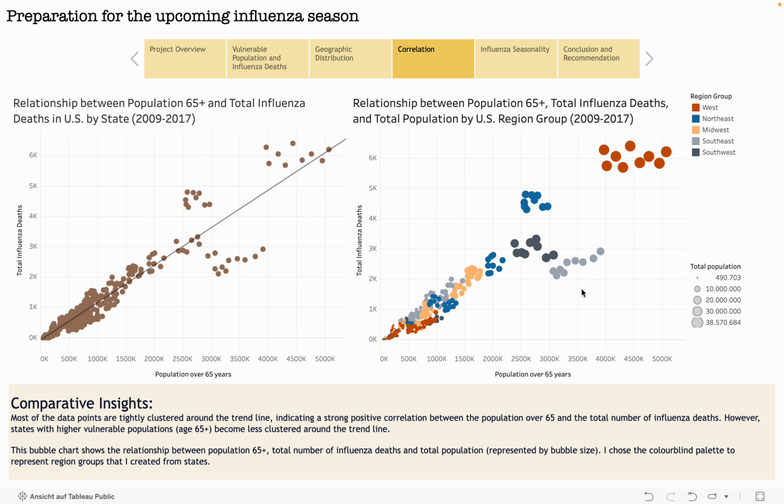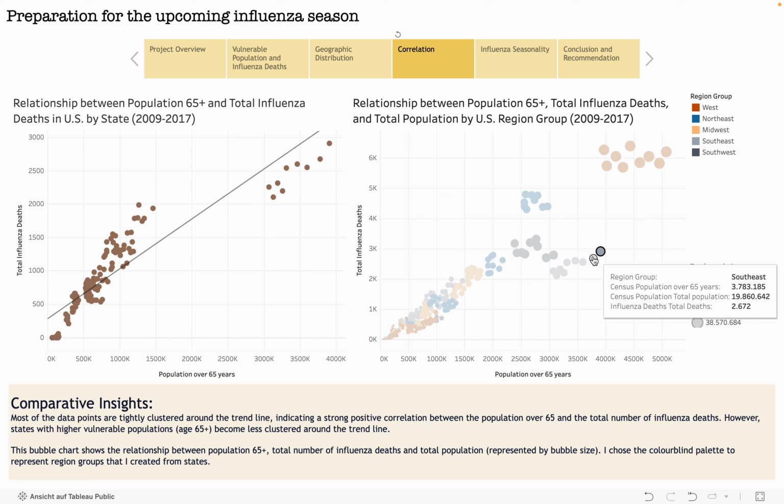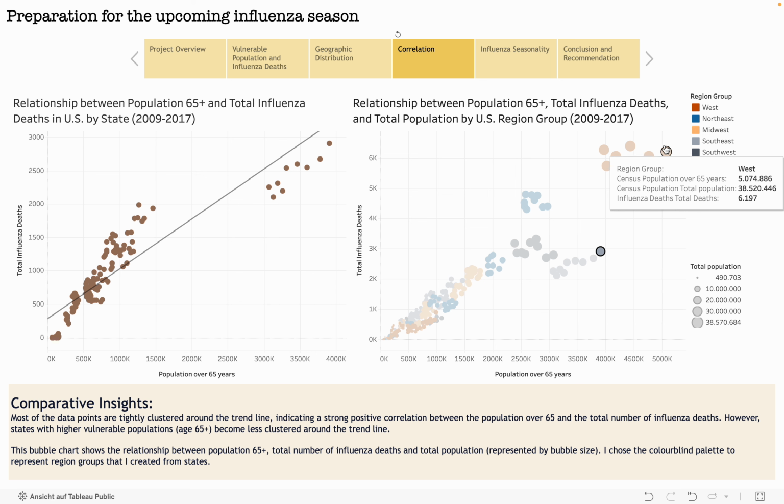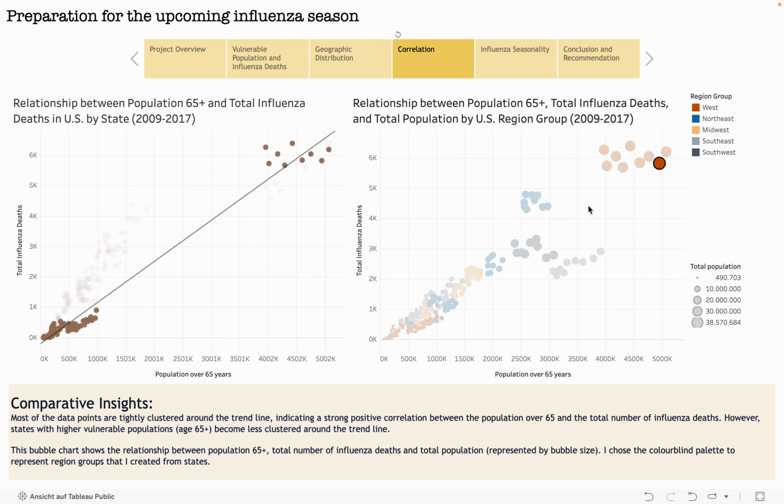By examining the bubble chart, we can conclude that most of the data points are tightly clustered around the trend line, indicating a strong positive correlation between the people over 65 and the total number of influenza deaths. However, states with higher vulnerable populations become less clustered around the trend line.